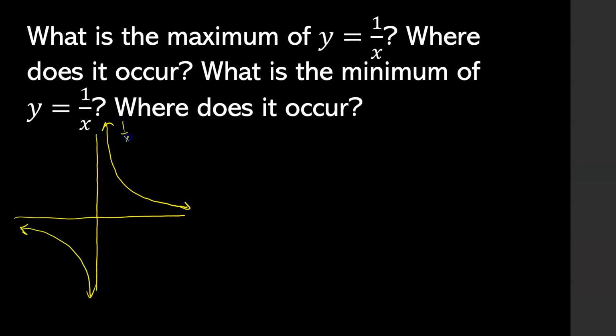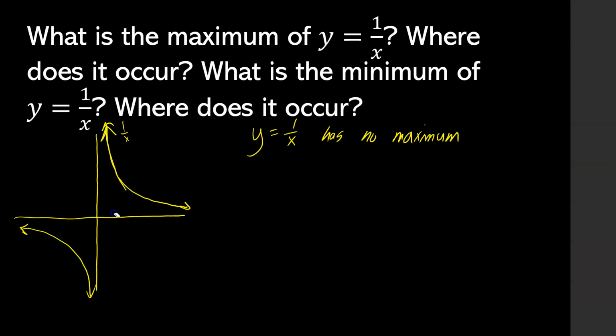Okay, y equals 1 over x looks like this. And what highest y value does 1 over x have? Y equals 1 over x has no maximum, since 1 over x grows to infinity as x approaches 0 from the right-hand side.